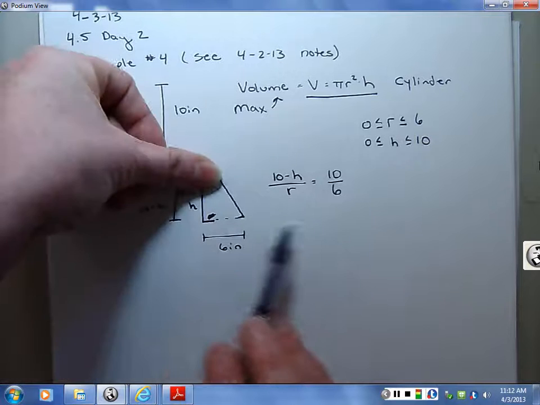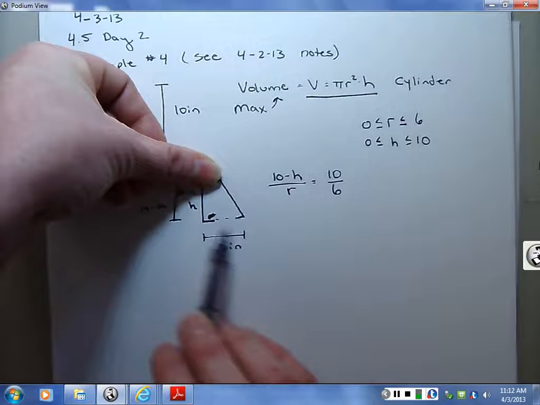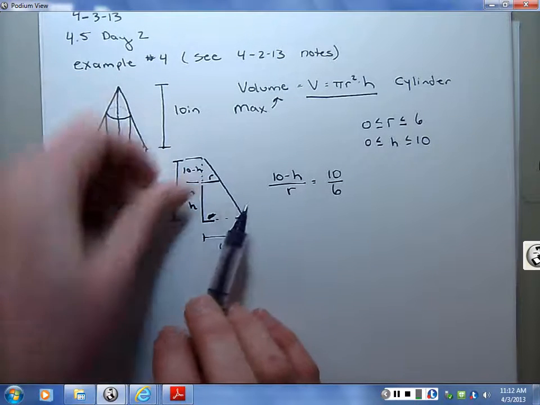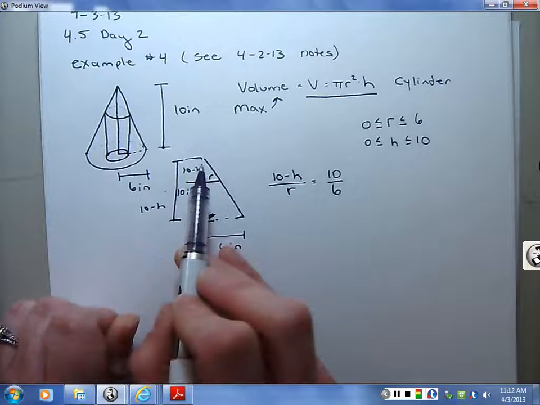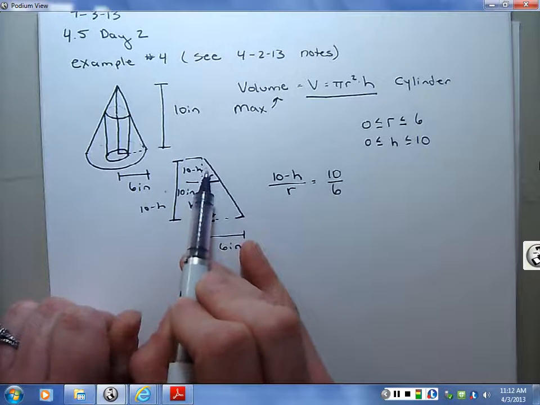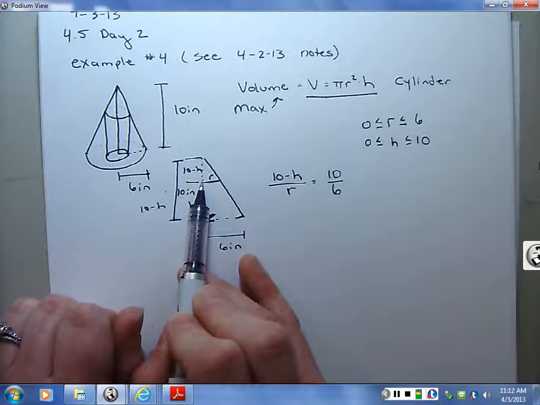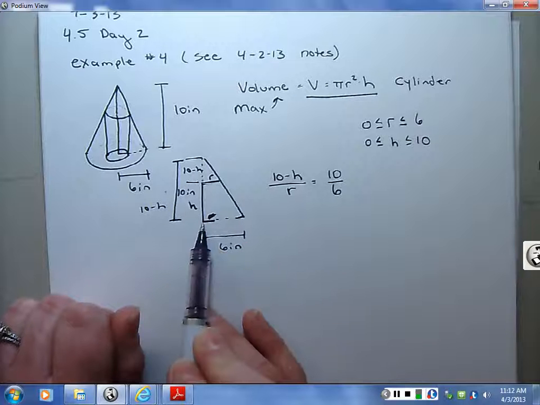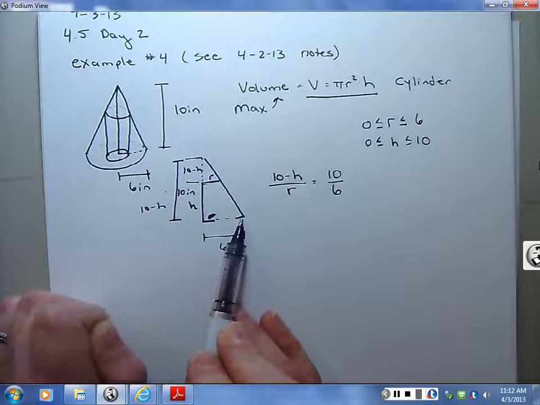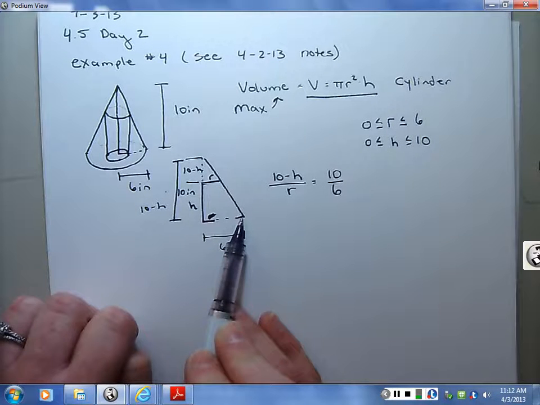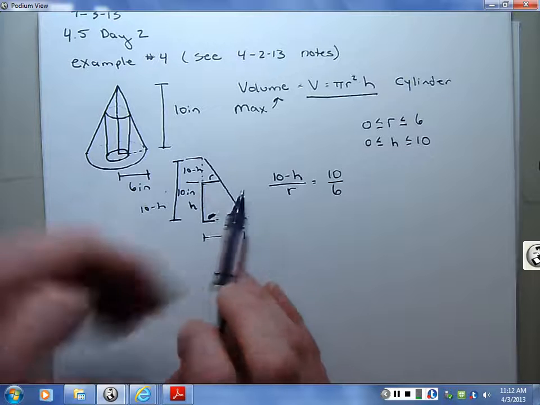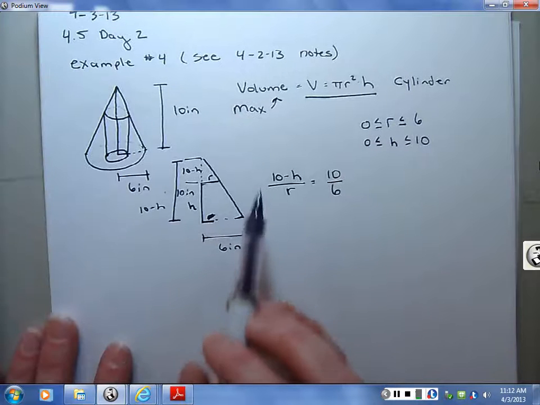If I use h, h would not be a triangle. So I need to use a triangle. So this is my triangle here. So I have 10 minus h is to r as 10 is to 6. Do you guys see that now?